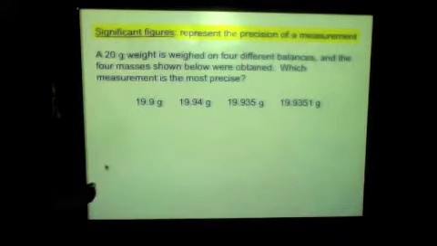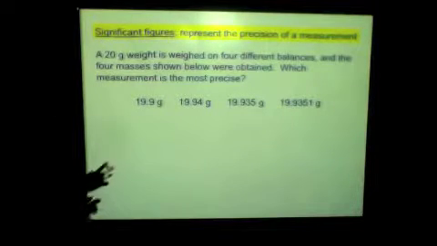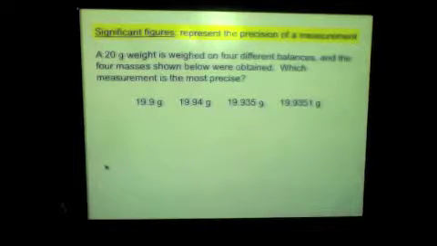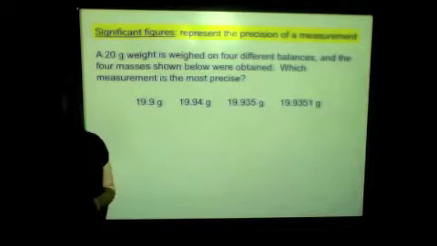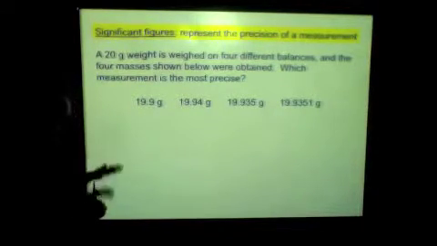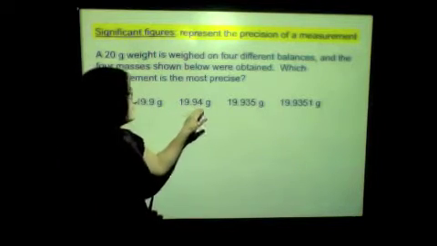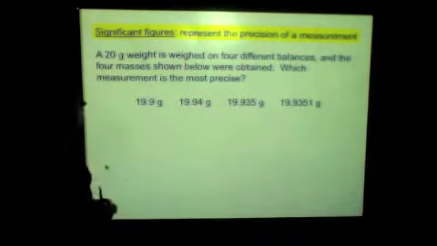Now, we're going to talk more about these two words, but to give you a brief overview, significant figures represent the precision of a measurement. So if a student weighs a 20 gram weight, like it's written on that weight that it's 20 grams, and gets 4 different measurements based on the instrument that's used, you get 19.9, 19.94, and so forth. So as you're going, what is changing?